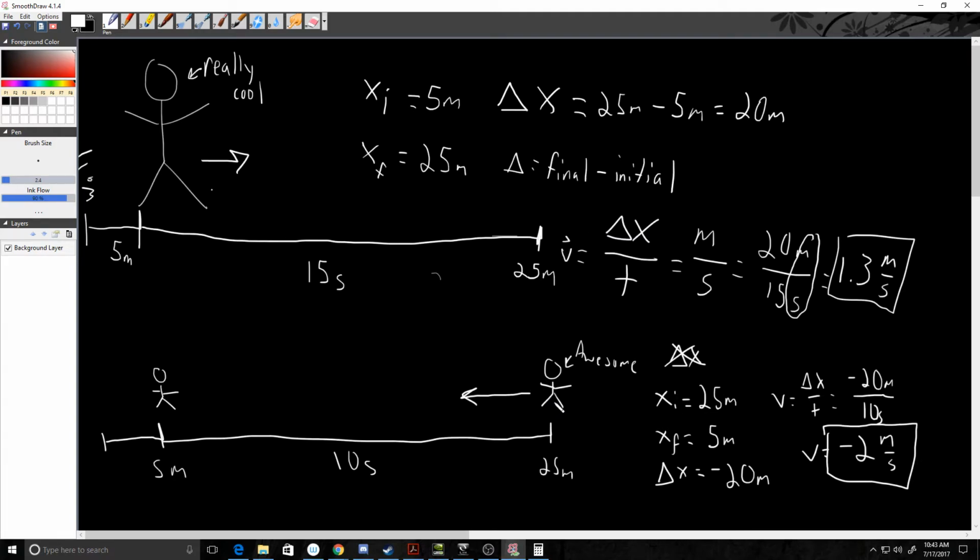Movement or direction towards the wall, position towards the wall, is negative. I probably should have put a wall here, or 0 would have worked. Okay, so in this case, we just said positive was to the right, negative was to the left, with the wall being our furthest left kind of boundary.